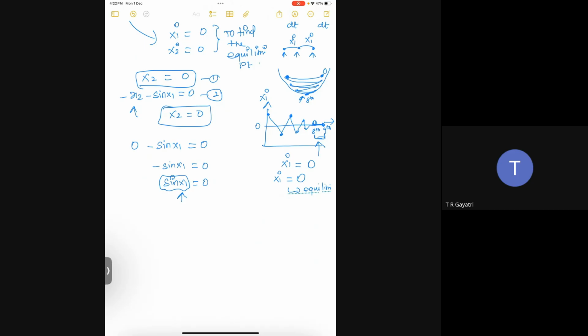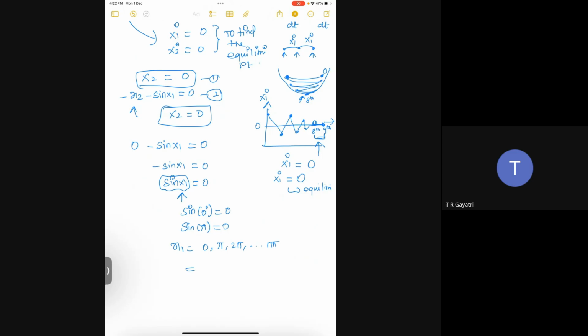0, 180, etc. Super. But some of us will make a mistake, like they will consider only 0. They won't consider sine of pi. They forget about it. But you have to find all the possibilities that give 0 for this expression. So x1 should be 0, pi, 2 pi, up to n pi.